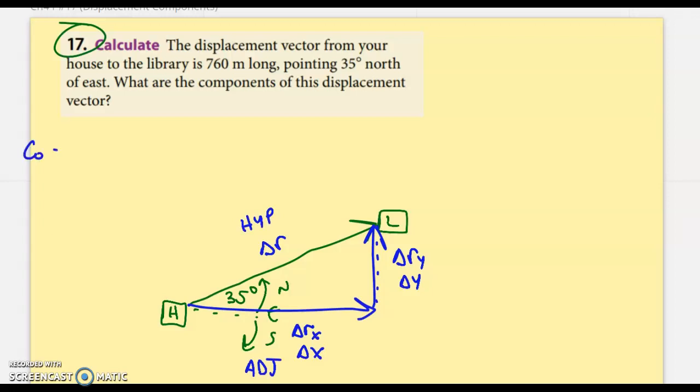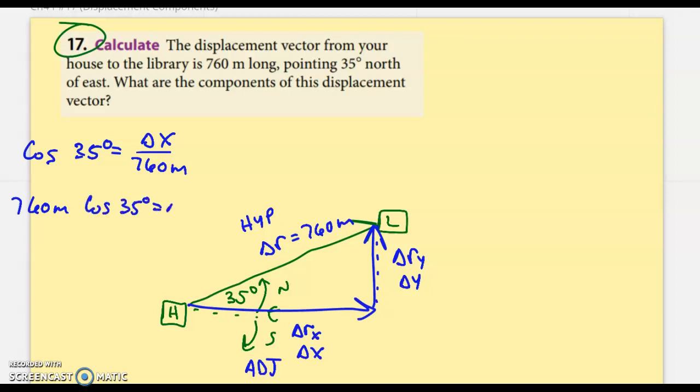So cosine of 35 is equal to delta x over 760. I didn't write that down here, but this delta r is 760 meters in magnitude. So 760 meters cosine of 35 degrees is what I have for the delta x.